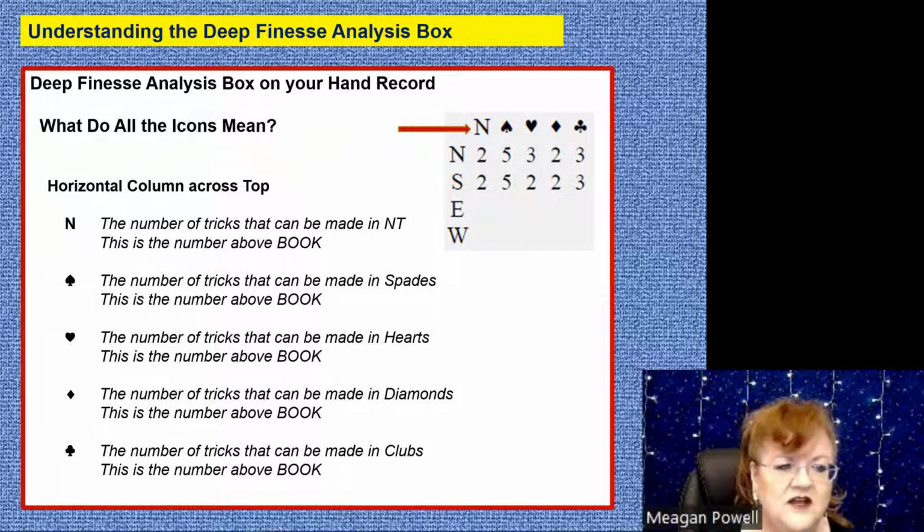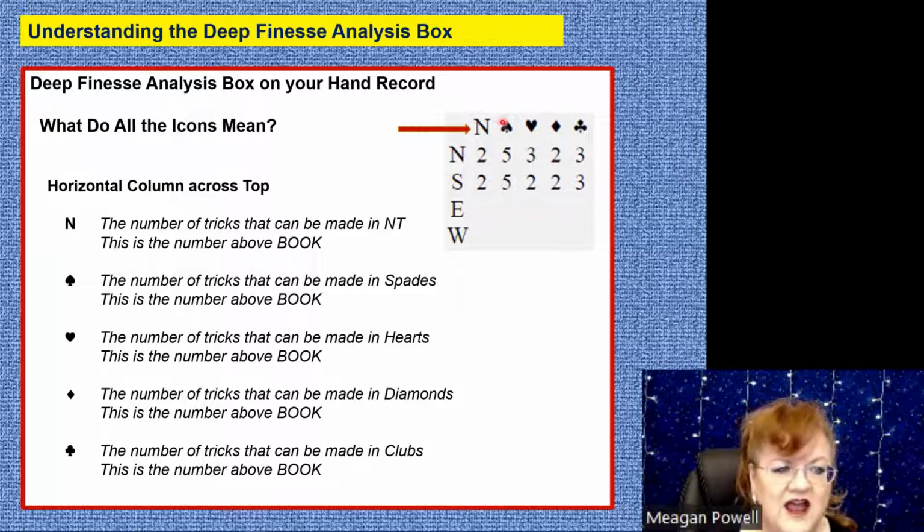For instance, if you look on this first horizontal line, this N line, it gives you numbers here, 2, 5, 3, 2, 3. And each of those numbers is positioned underneath in a vertical column, an icon or a letter.